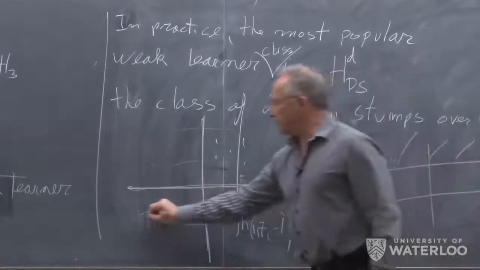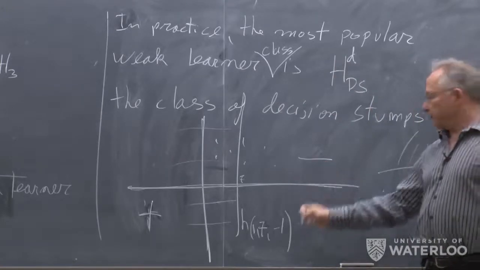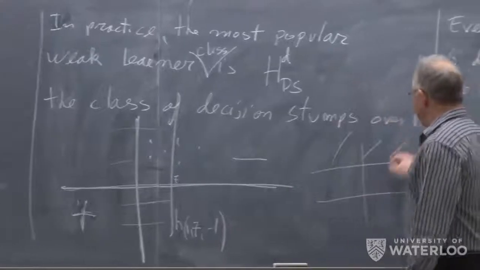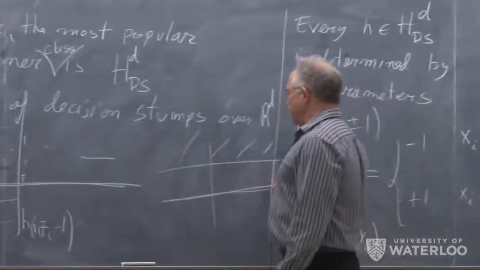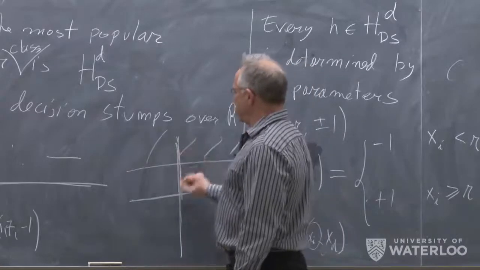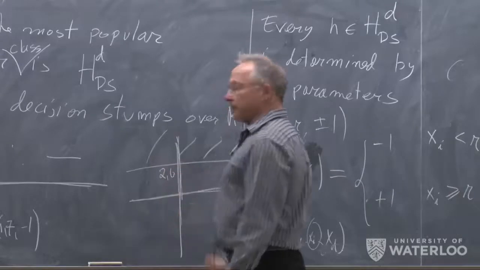Below the threshold, I gave it plus. Above the threshold, I gave it minus. So it was the minus 1 guy. This guy here, again, these are my two coordinates. Say the height here was 2.6.